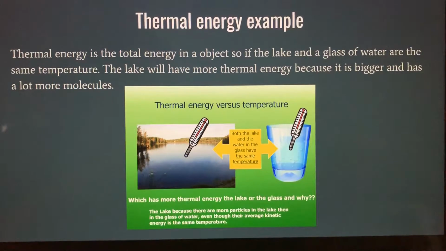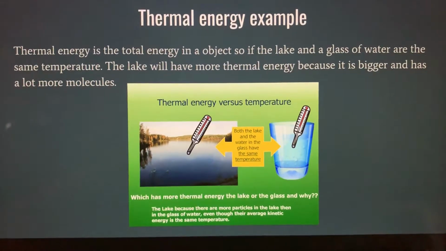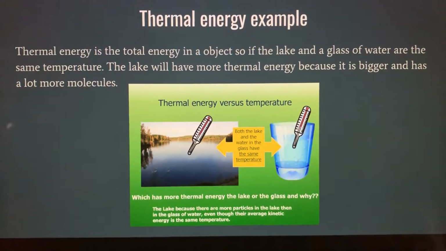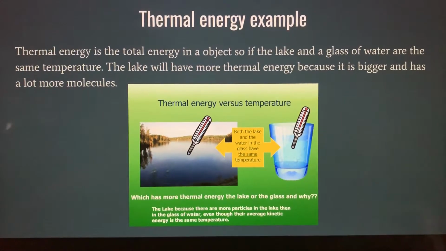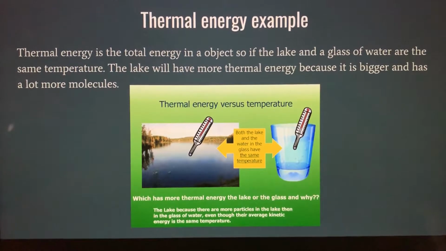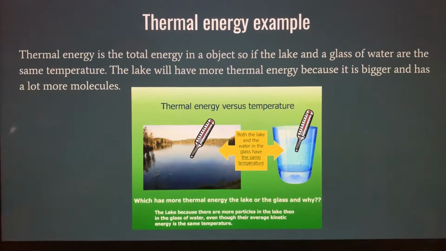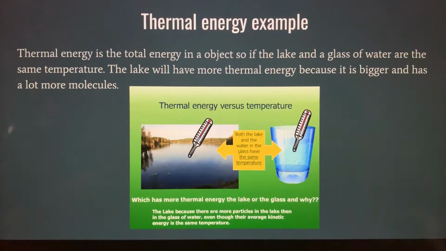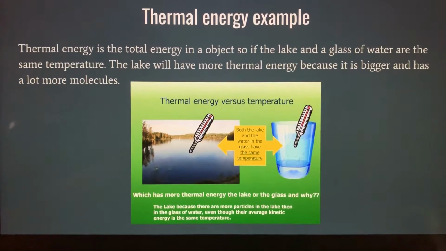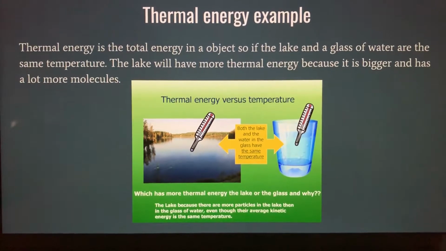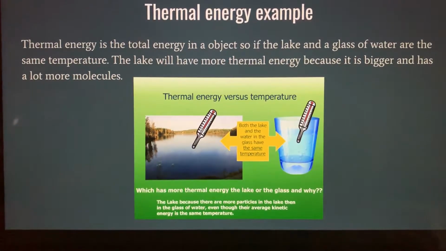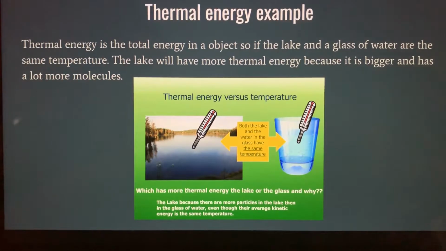An example of thermal energy is the total energy of an object. If you had a glass of water at the exact same temperature as the lake, the lake would have more thermal energy, basically because it has a lot more water, which has more molecules.